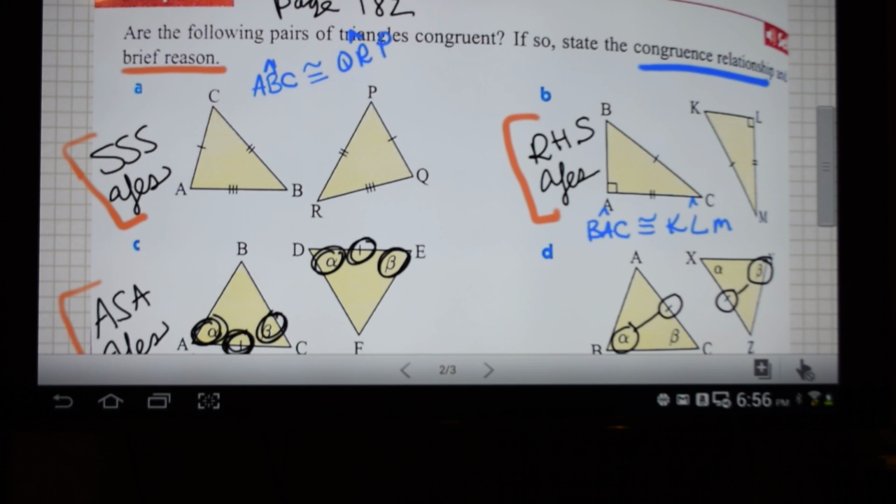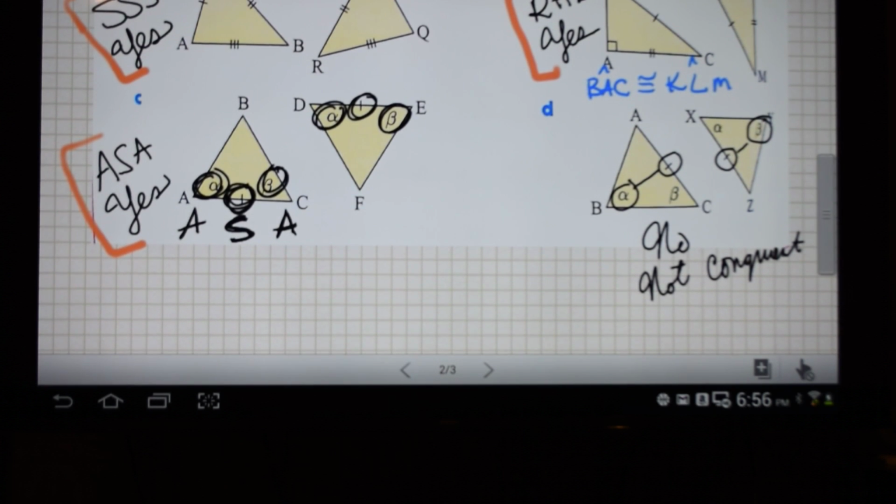They said congruence relationship, but in a lot of textbooks, they'll call it the congruency statement. It's another way to say congruence relationship, same thing. Let's do this last one. I'm just going to do ABC because I like to.